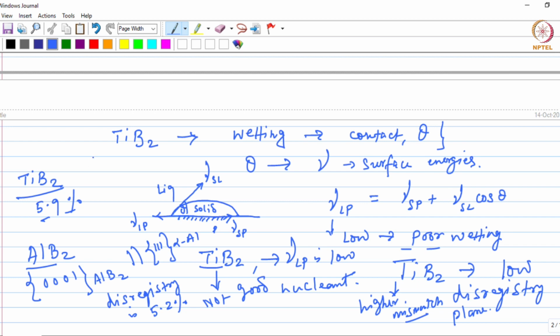Okay. But aluminium boride, on the other hand, is not stable. It is less stable compared to TiB2. So when you have added boron, it is more likely that TiB2 particles will be present and not AlB2. Okay.